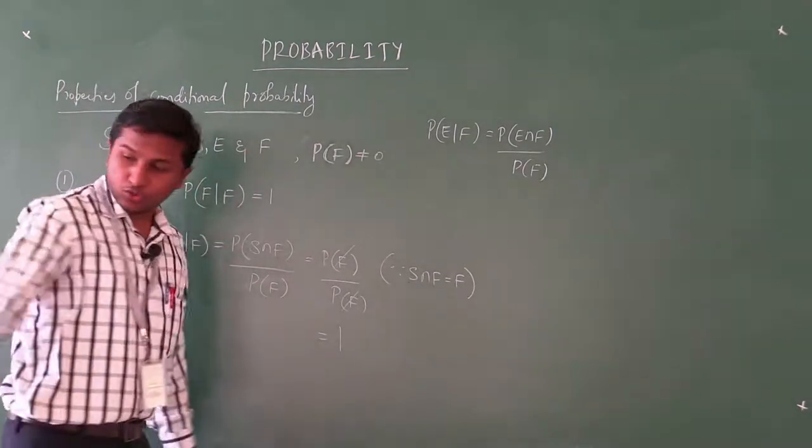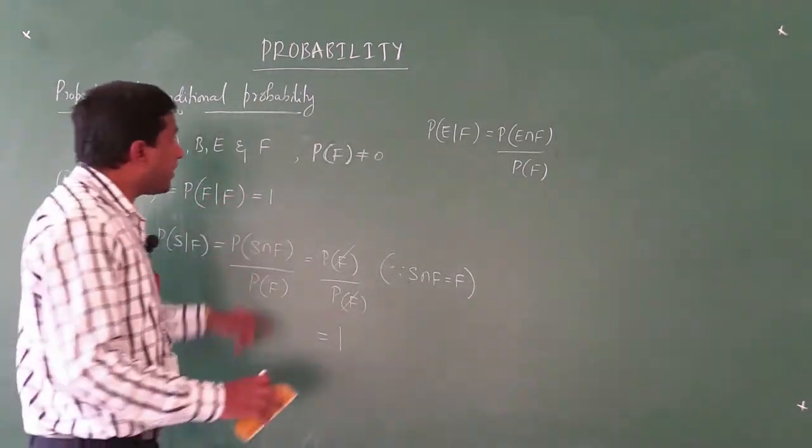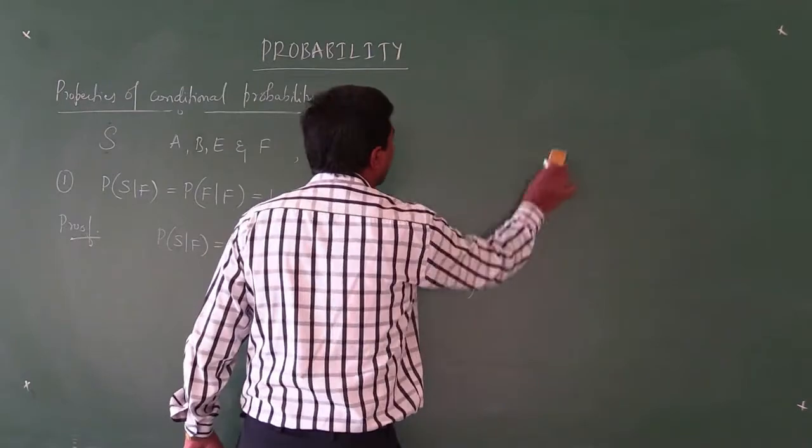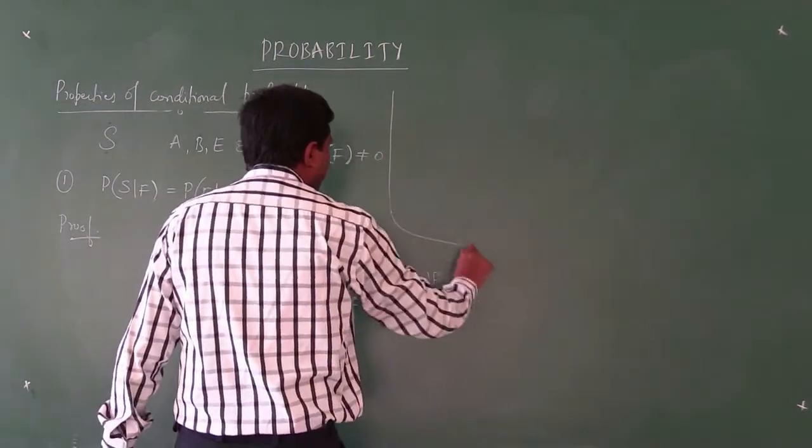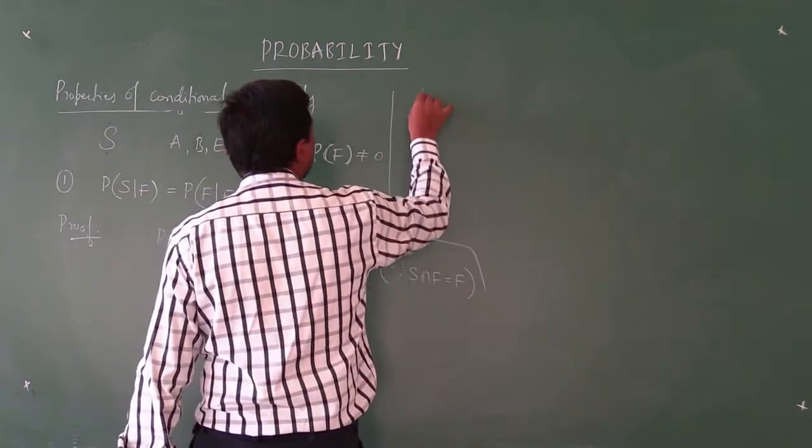Further, we have to show that P of F bar F is also equal to 1. That is extremely simple. Again, we use the definition.